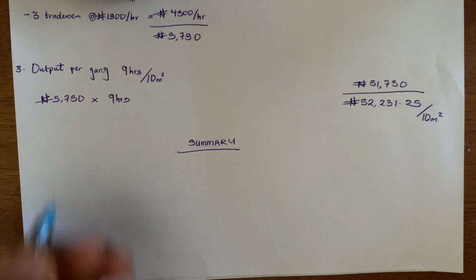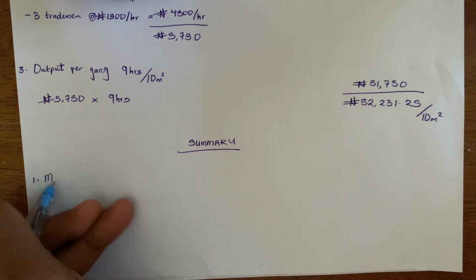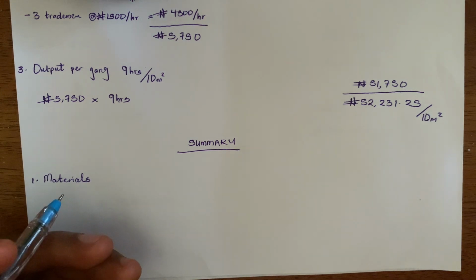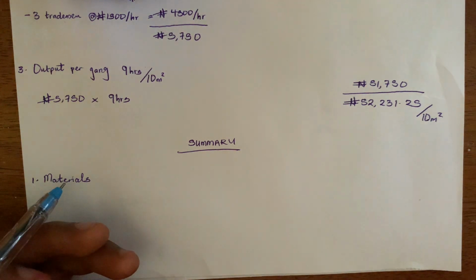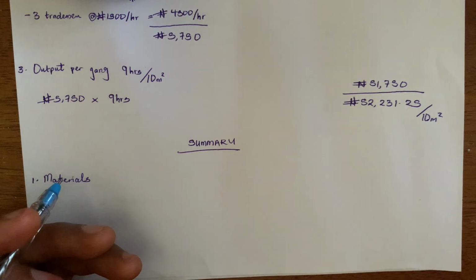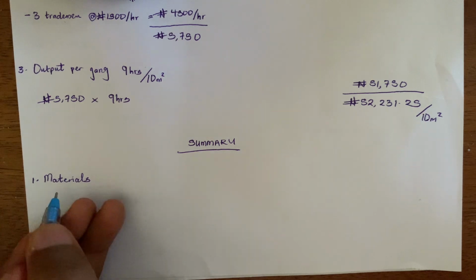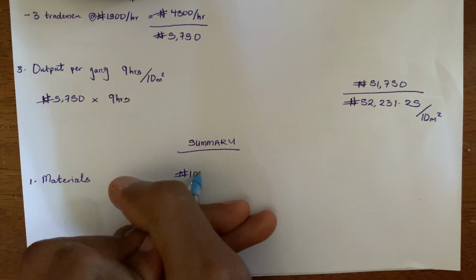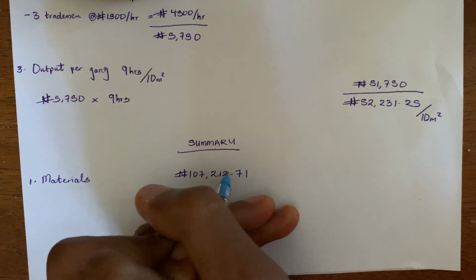So we can now do our summary for both the materials and our labor. So the first one on our list will be our materials. And for our materials, we calculated the cost for 10 meters square of block work as 107,212.71, which is capturing the block and the mortar.